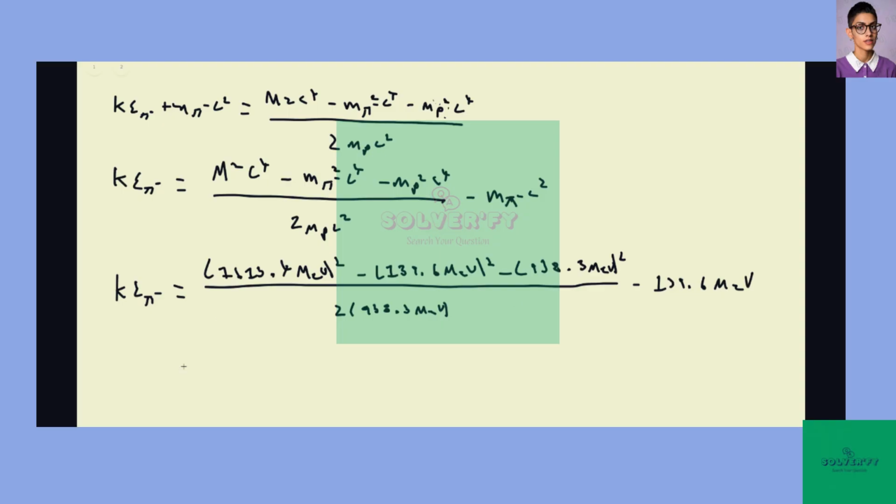And working out all those numbers, we get that the minimum kinetic energy of the pion must be 768.0 MeV. And there we go.